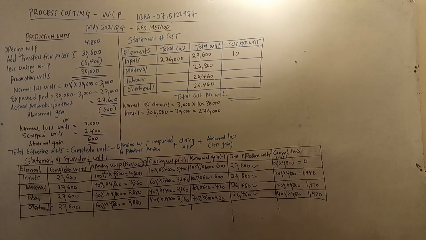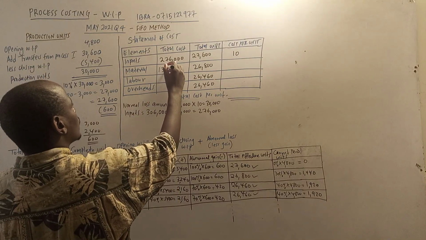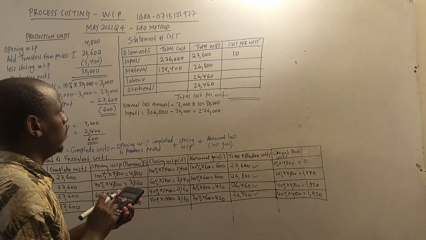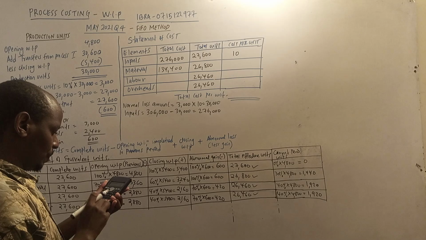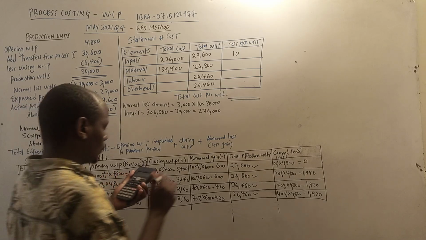For material, we have 134,400. So 134,400 divided by 26,800, which is 5.